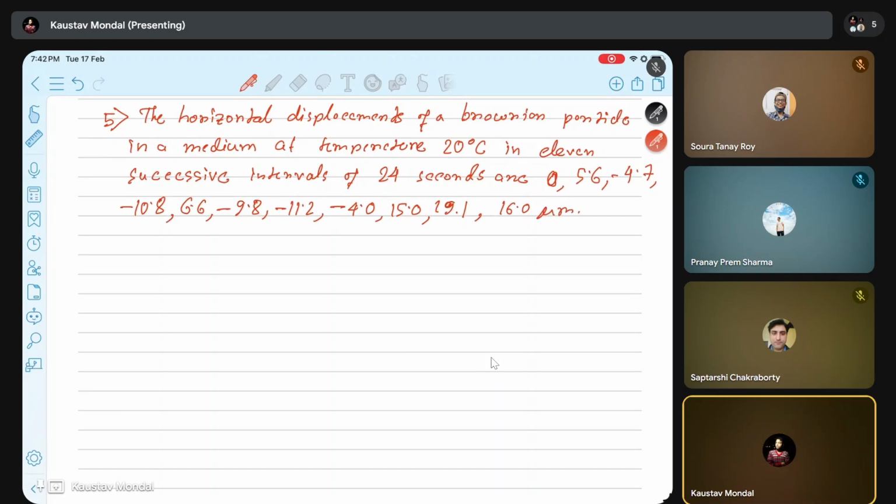Okay, find the diffusion coefficient of the medium.